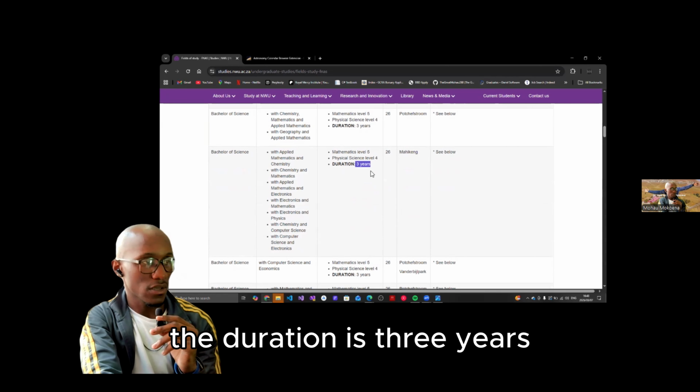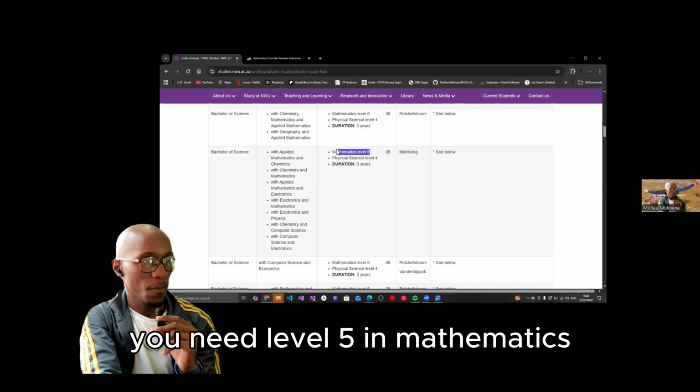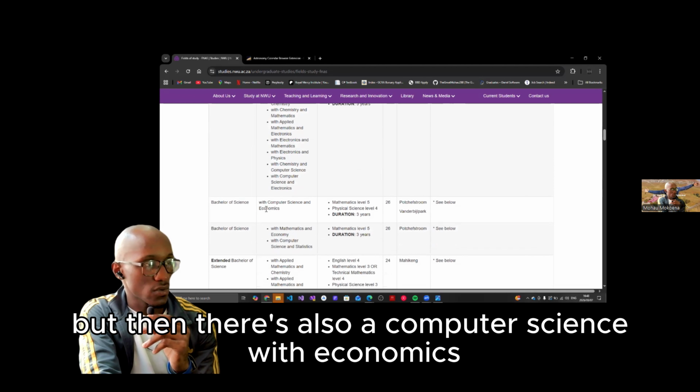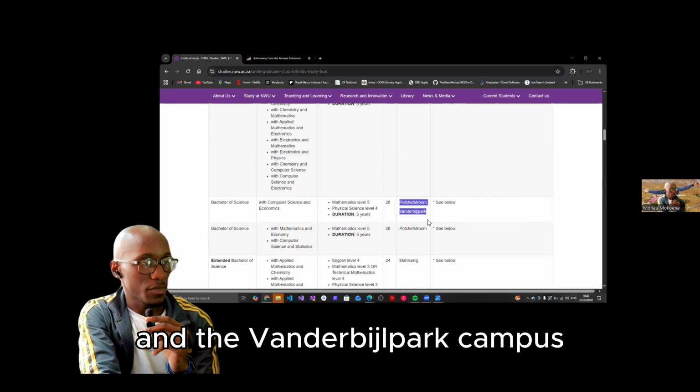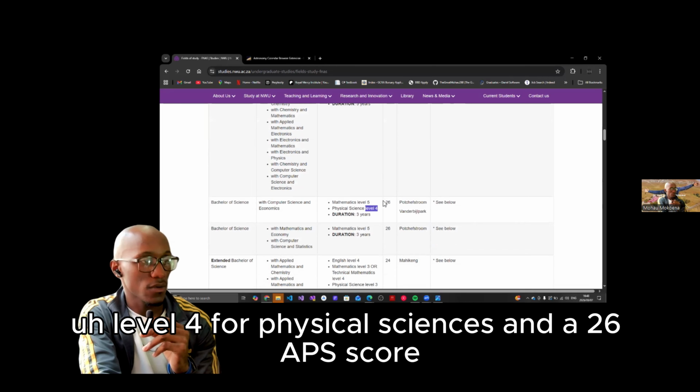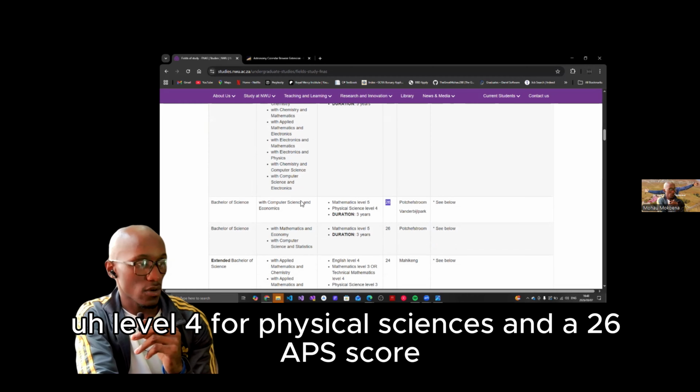The duration is 3 years. You need level 5 in mathematics and level 4 in physical sciences. But there's also computer science with economics at the Potchefstroom campus and the Vanderbijlpark campus. It's for 3 years. You need level 5 for mathematics, level 4 for physical sciences, and the 26 APS score.